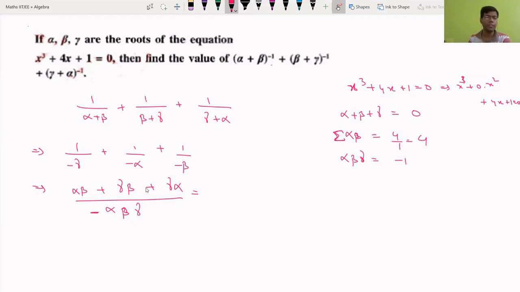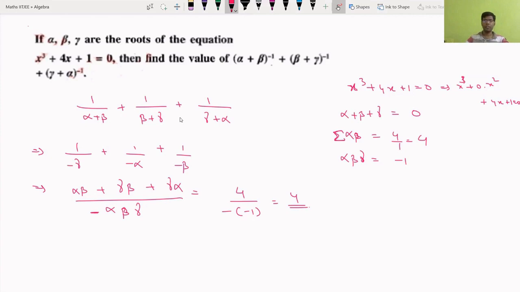So the sum of the roots taken 2 at a time is 4 by minus of minus 1, which is 4. So this is the value of this expression. Basically we should be able to solve it as easily as possible, rather than complicating it with big simplifications, because that takes a lot of time.